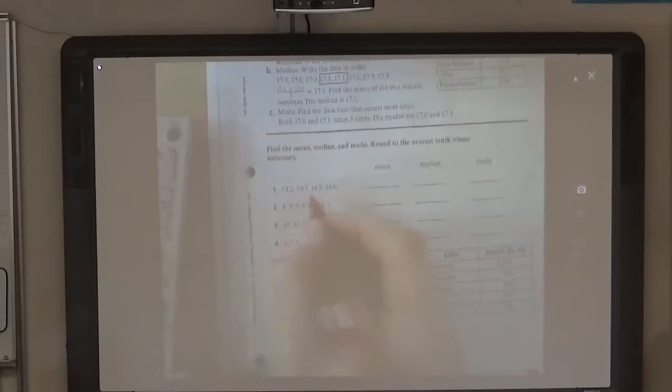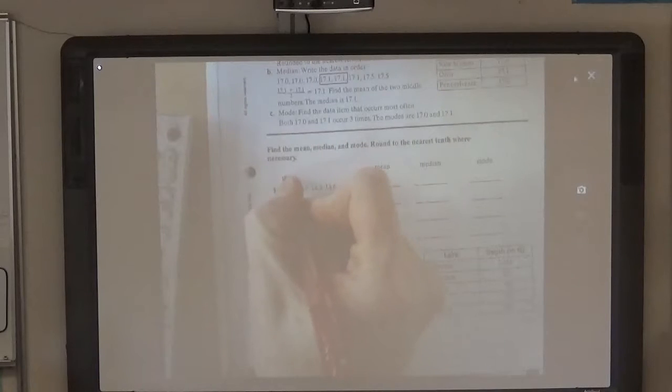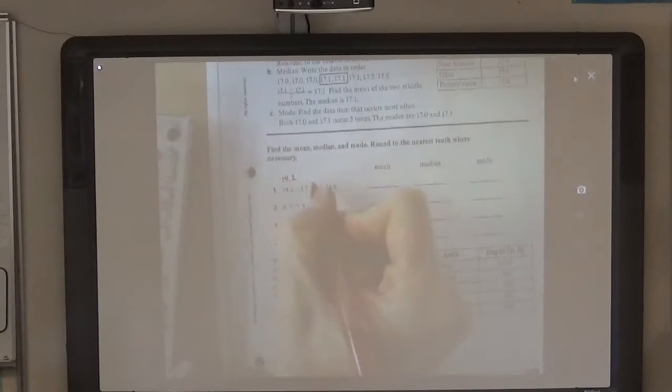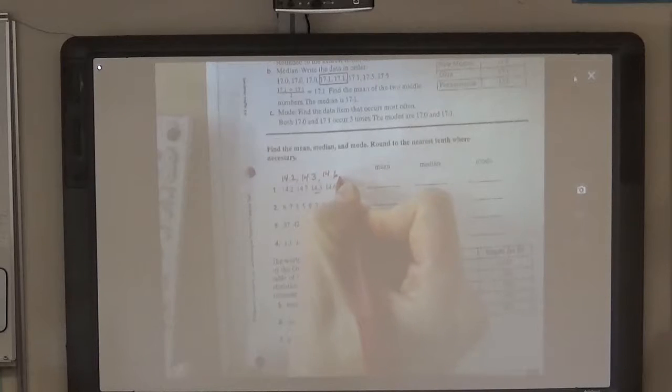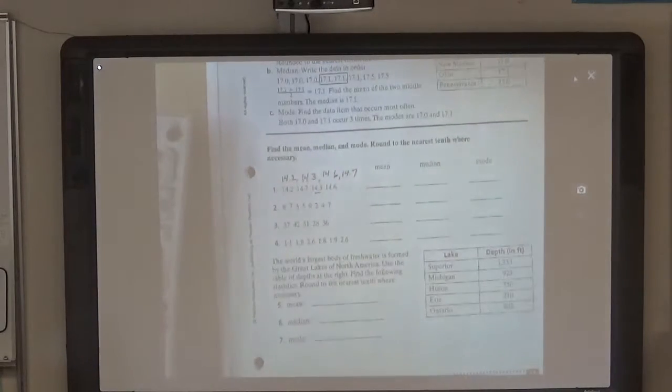So first of all, you've got to put the numbers in order from least to greatest: 14.2, and then 14.3, and then 14.6, and then 14.7. That's the first thing you need to do whenever you're given a set of numbers.